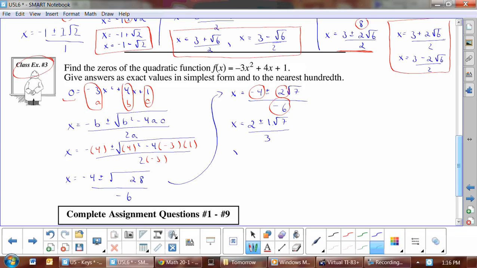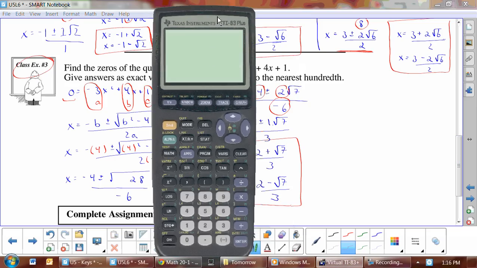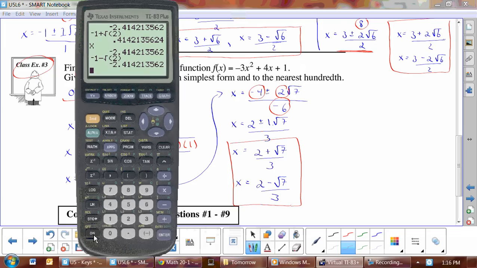Okay? So our two answers: x is equal to 2 plus the square root of 7 over 3, and x is equal to 2 minus the square root of 7 over 3. So this is our answer in exact values. And then they also ask for the nearest hundredth. So the two ways you can do this is you can just go, okay, 2 plus square root of 7 divided by 3, 1.55.